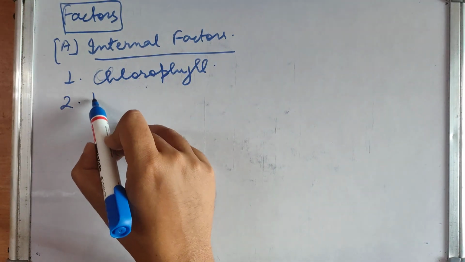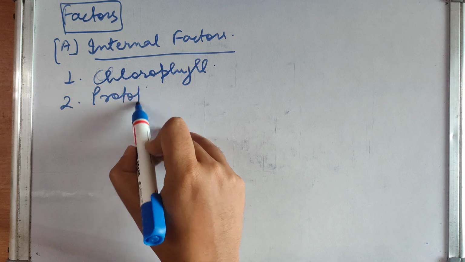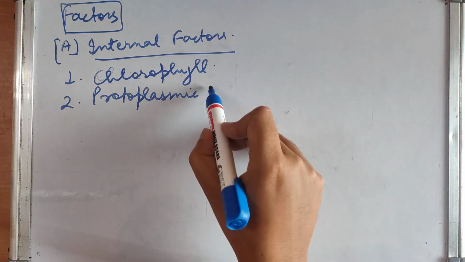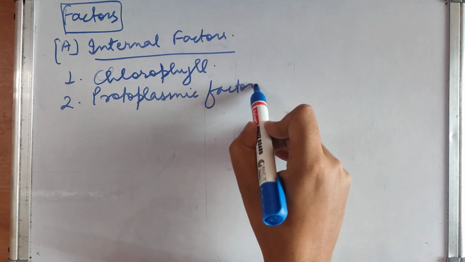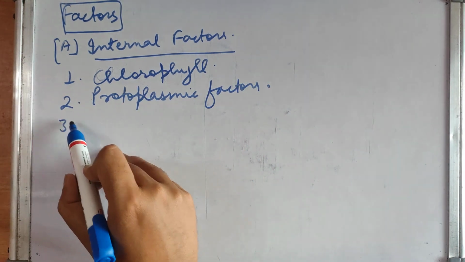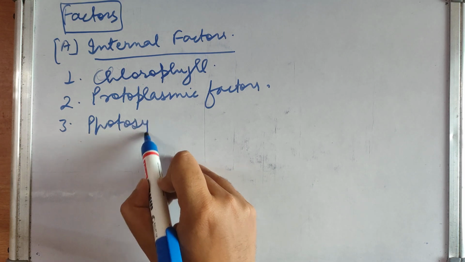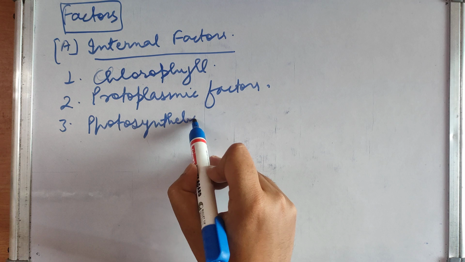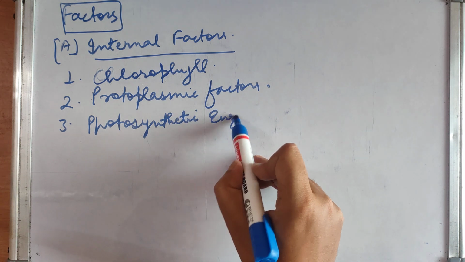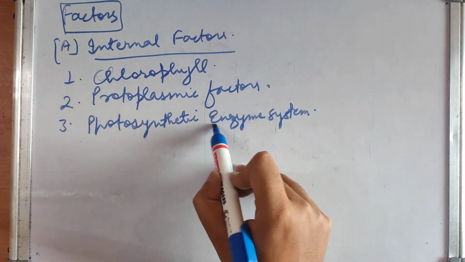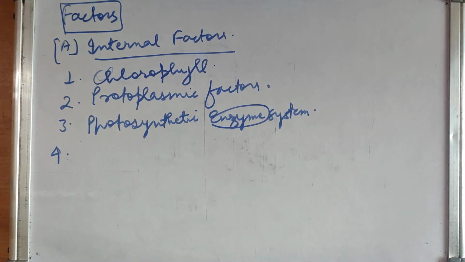There are many protoplasmic factors, such as the content of protoplasm. There is the photosynthetic enzyme system. I have discussed enzymes in detail in a previous lecture, so you must see it there.